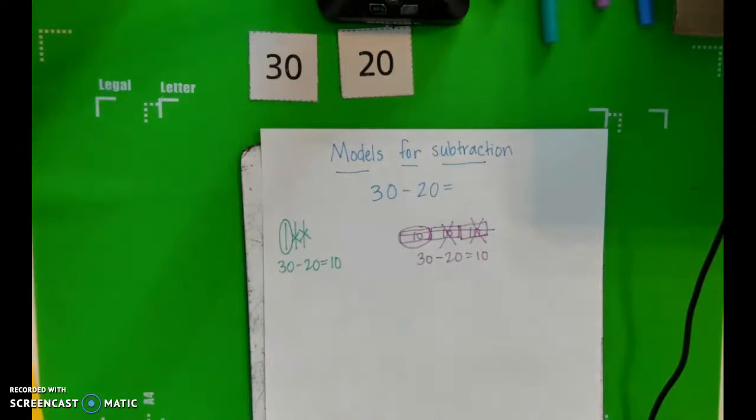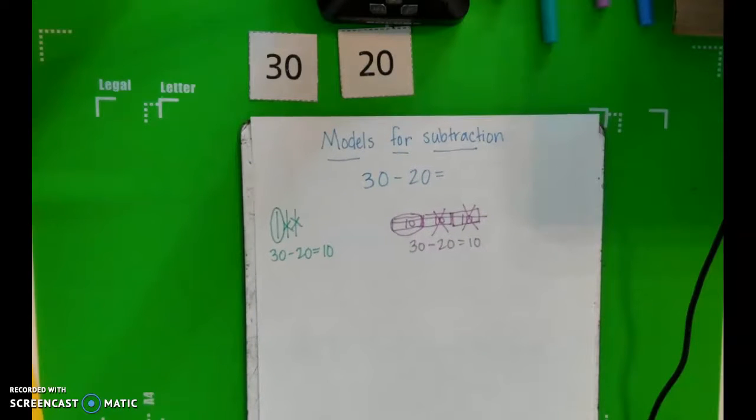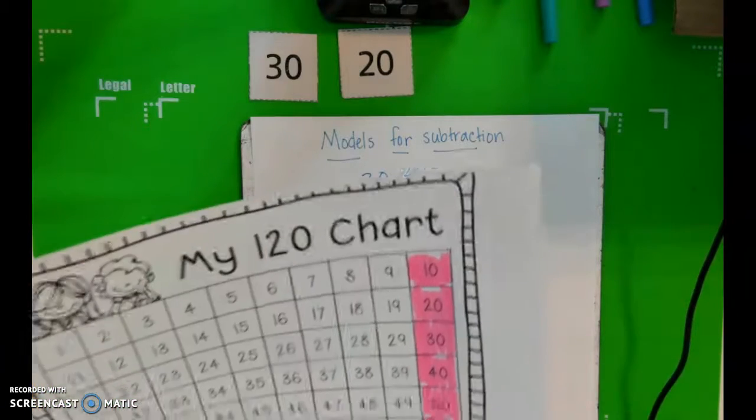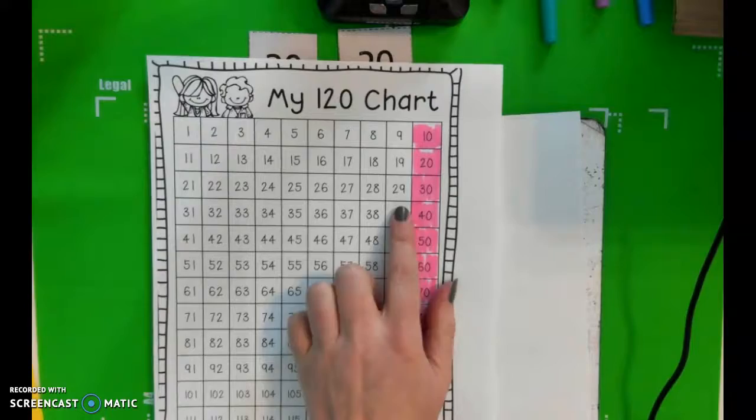All right, our next model that a lot of people really like, we've loved number paths all year, but this would be a really big distance on a number path. So what I want you to think about is the 120 chart, okay, that we filled out last week.